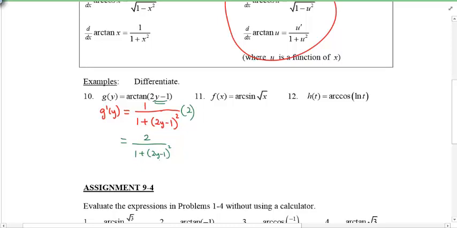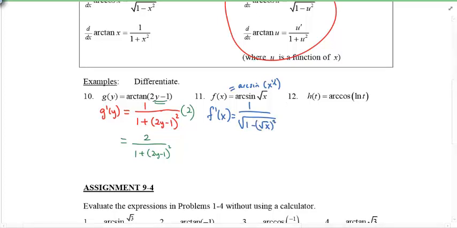Okay. I think you should be able to do the rest on your own. So I'm going to leave you now. You try it, then come back and double check your answer. Go. Arcsine's derivative, 1 over the square root of 1 minus root x all squared.